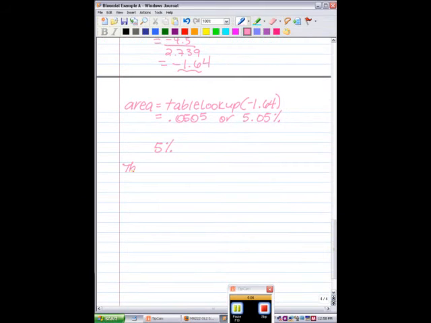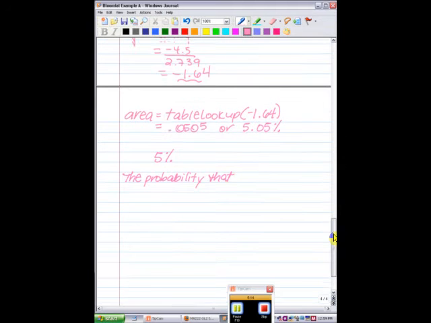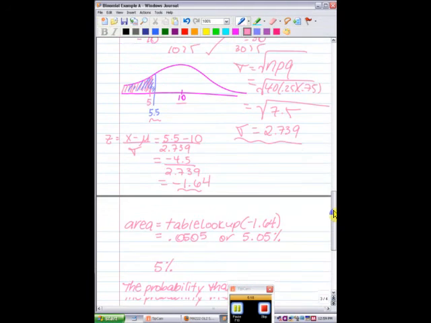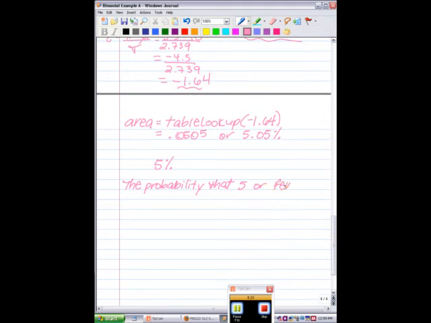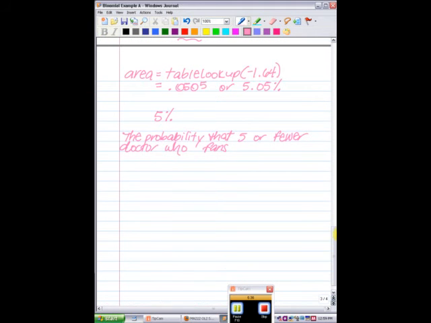So I'm going to say the probability that 5 or fewer Doctor Who fans have not seen classic Doctor Who is 5%. Okay, so that's how we do these.